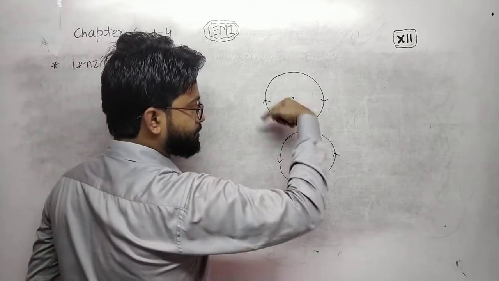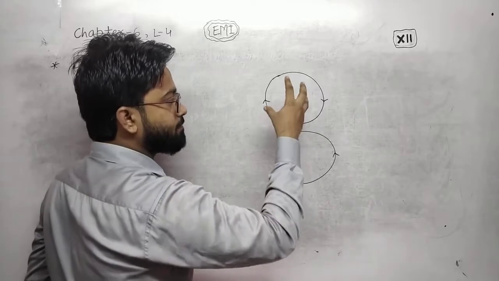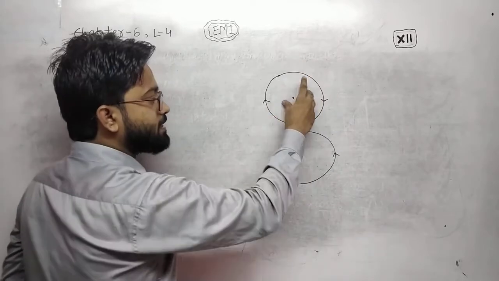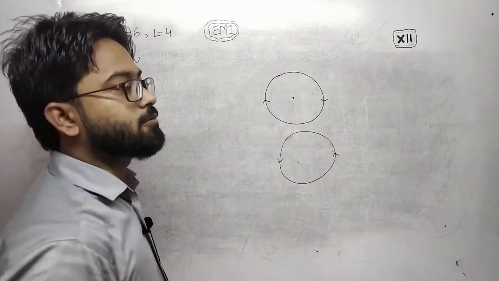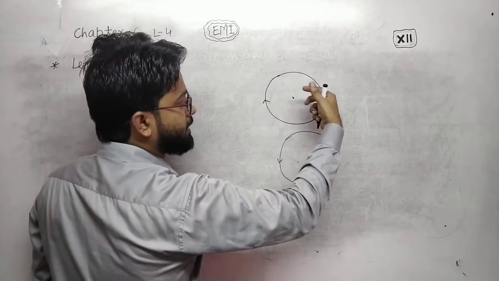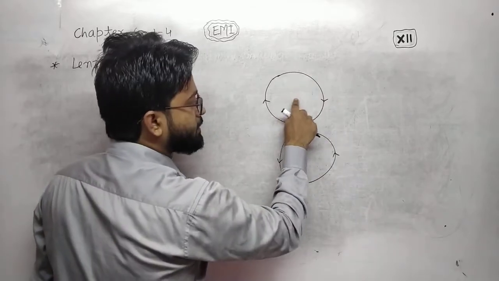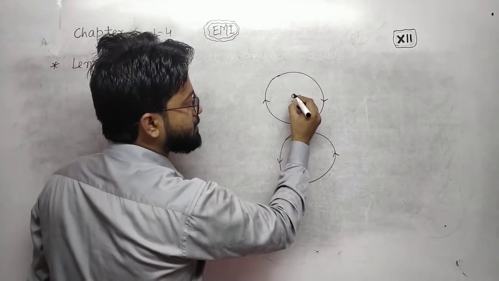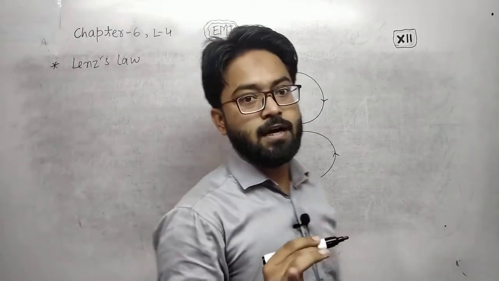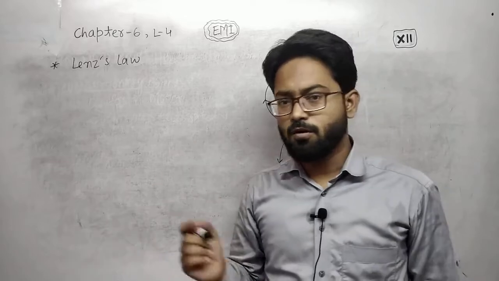This is clockwise, which means the magnetic field will be inside. This is anti-clockwise, so it is outside. We also know that because the magnetic field is inside, it will behave like a south pole, because magnetic field ends at the south pole.